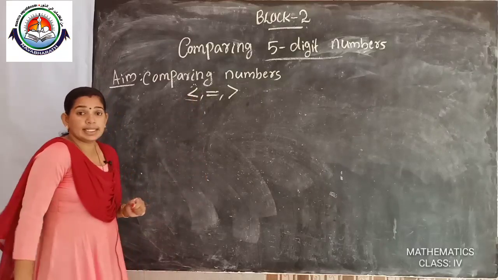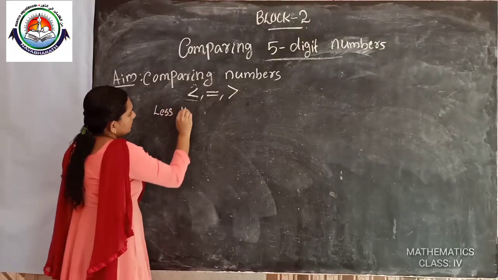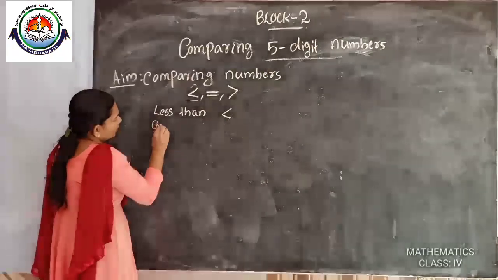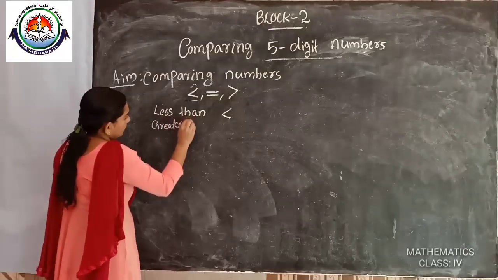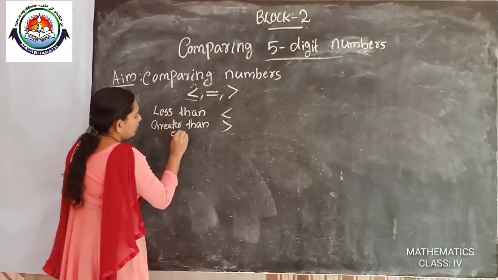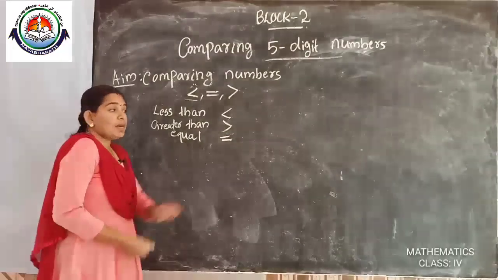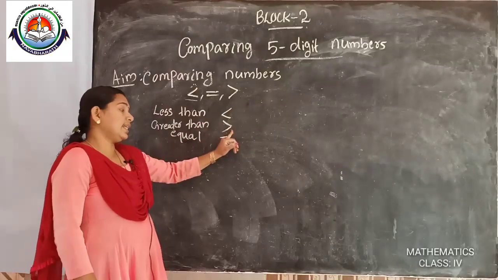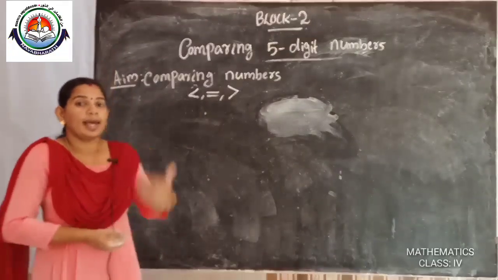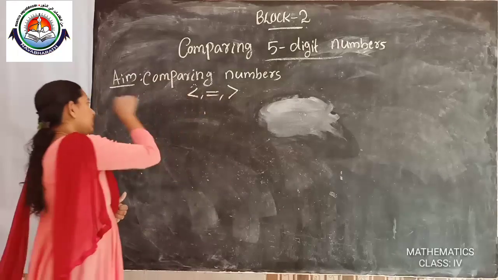This shows the less than symbol. Equal. We compare the numbers using these symbols: less than, greater than and equal. Then we will check how to compare numbers and 5-digit numbers.